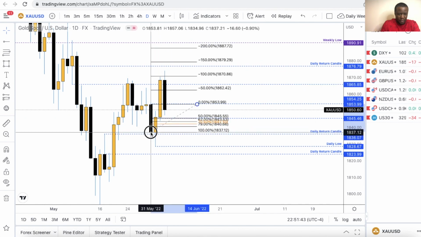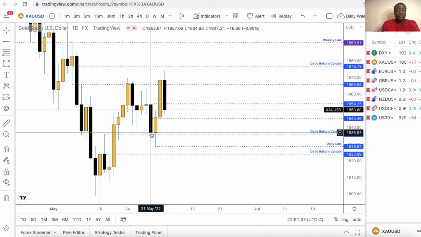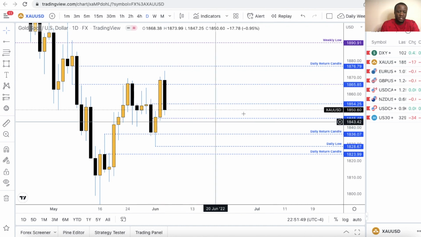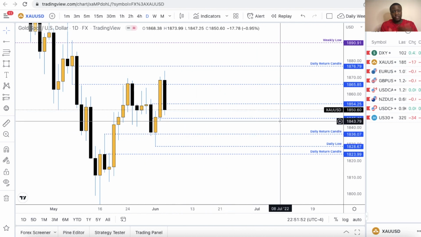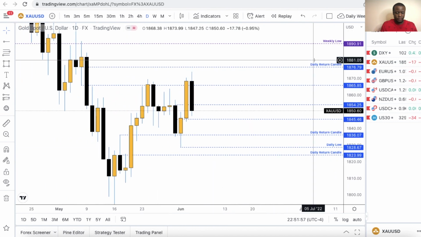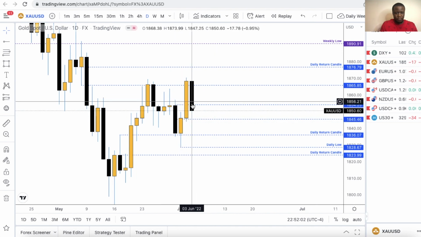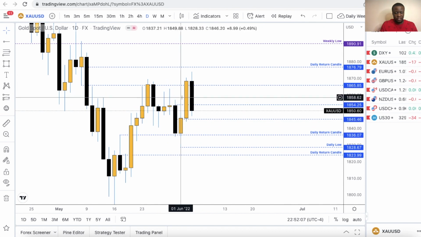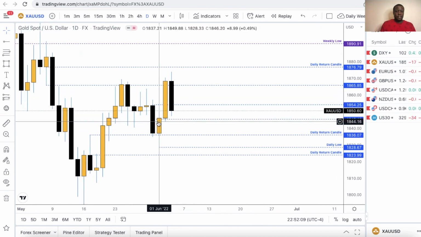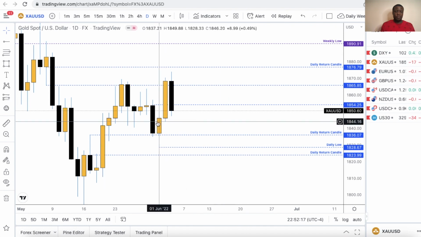You could just use the Fibonacci and have it marked up. I'll give you the Fibonacci levels at the end, or you can watch my Fibonacci video on how to use it and get a clearer understanding. I go into great detail on how to use it. As of right now, the market didn't go below this daily down candle. So as of right now, we're still pretty much bullish.